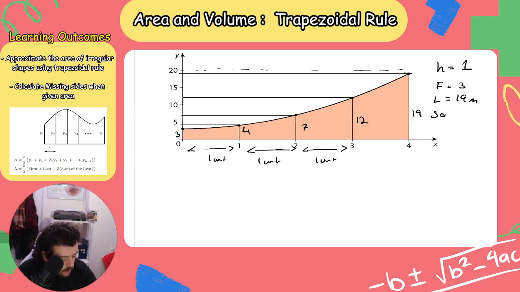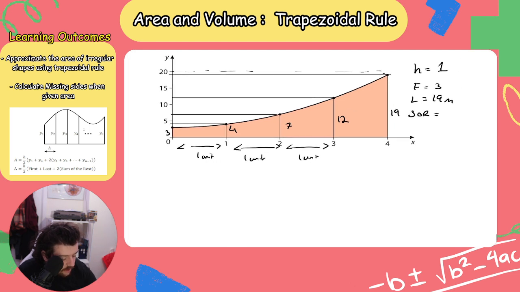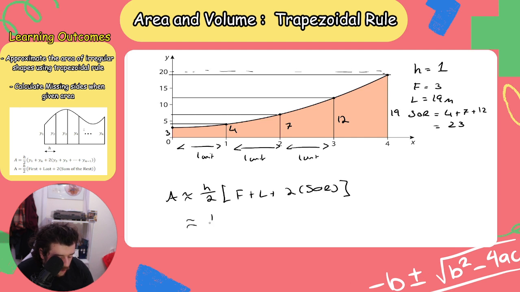So the sum of the remaining heights. My remaining heights are 4, 7, and 12. Add them up, and I'm going to get 11 plus 12, which is 23. That's some of my formula. So the area under this graph is going to be approximated by h over 2 times first plus last plus 2 times sum of remaining. 1 over 2 times my first height, which is 3, plus my last height, which is 19, plus 2 times the sum of the remaining, which is 23.